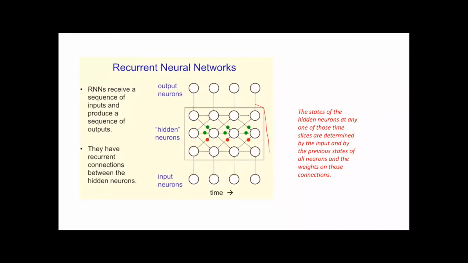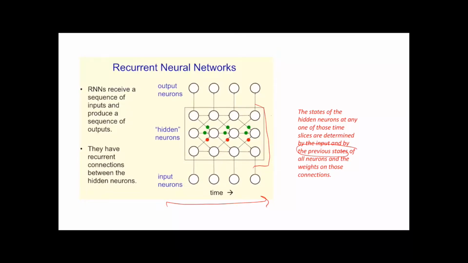The hidden layer neurons now talk to each other. The states of the hidden neurons at any one of these times, we now are in a time domain. When you do speech recognition, you are dealing with time because a spoken sentence occurs over a measure of time. So the states of the hidden neurons at any one of these time slices are determined by the input and by the previous states of all neurons and the weights of those connections.